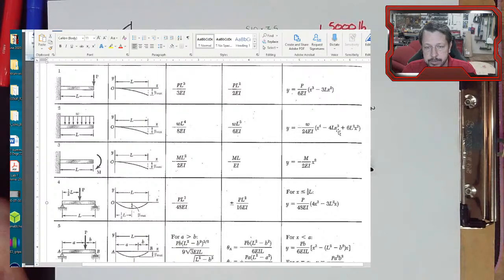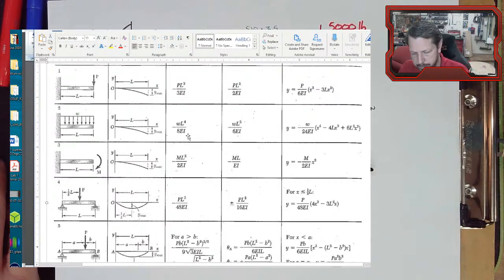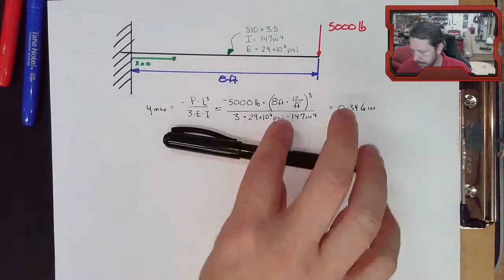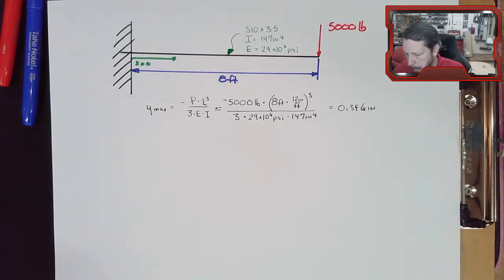We could do that, but let's just go straight into doing the equation of the elastic curve and plot it on this same plot that we just made. So it's a little bit more complicated equation. You know what? Actually, let's do the one by hand with the maximum deflection first, because there's one thing I want to point out. Let's do that one first, and then we'll plot it.